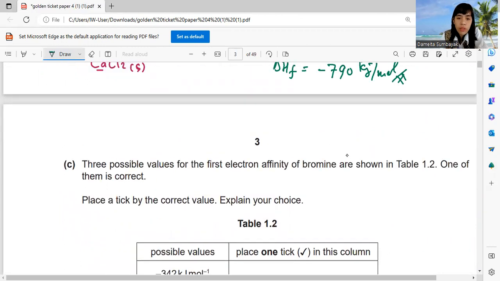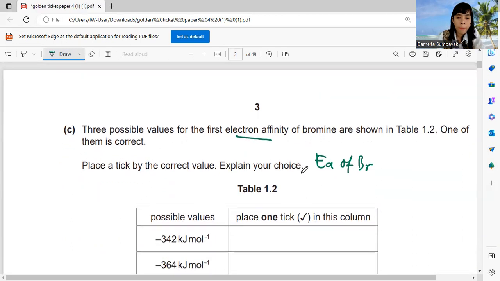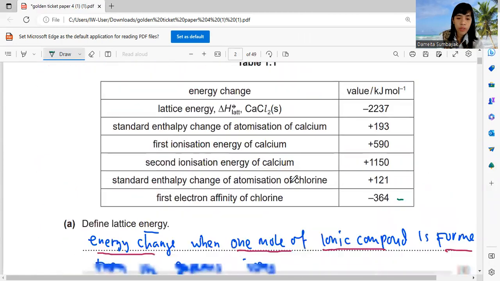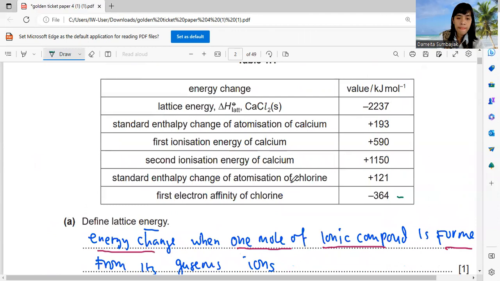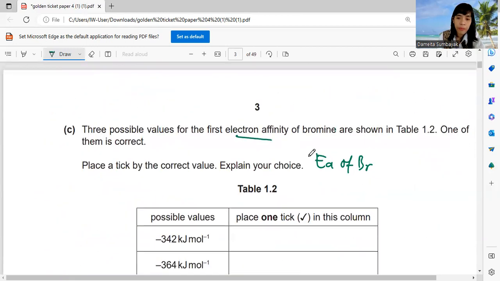So you need to predict the EA of Br, given that the EA of Cl is about negative 364.